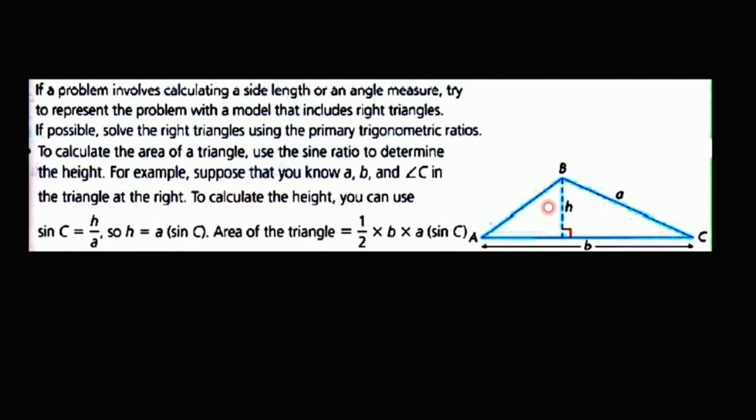To calculate the height, we can use sine C, which equals the opposite side length H over the hypotenuse A. So if we know A, we can determine H equals A multiplied by sine C. The area of a triangle is 1/2 times the base times the height, and the height equals A sine C. So we use the trigonometric ratio to determine the height, and then continue to determine the area.